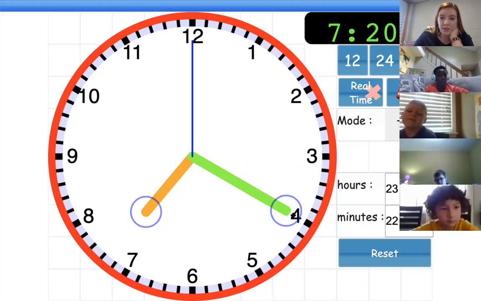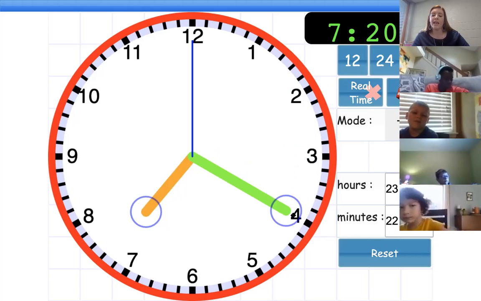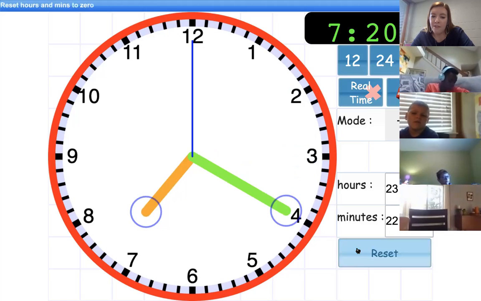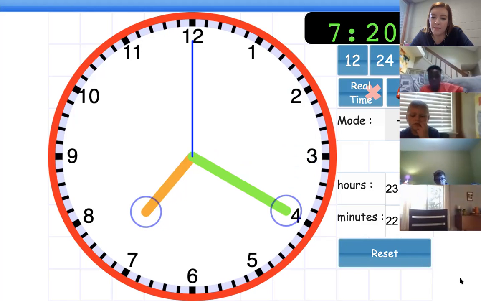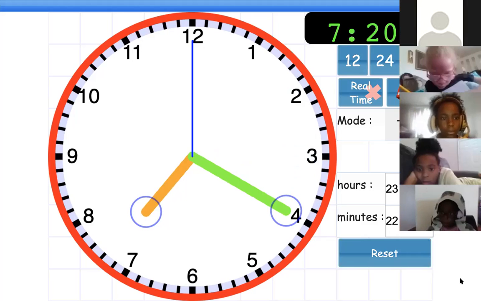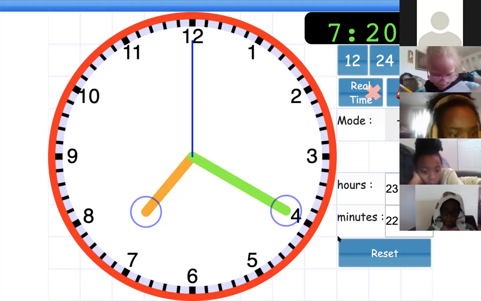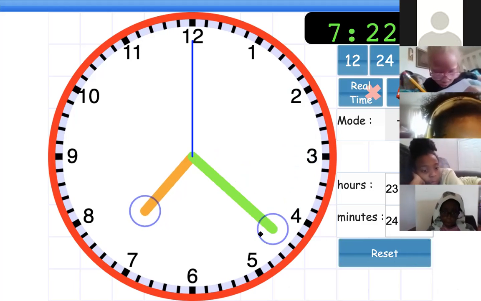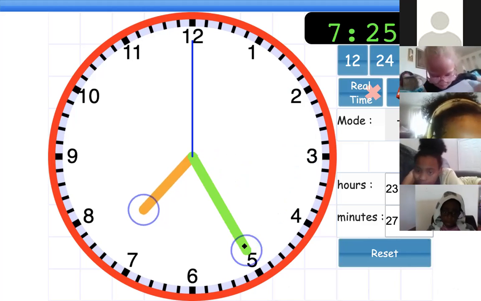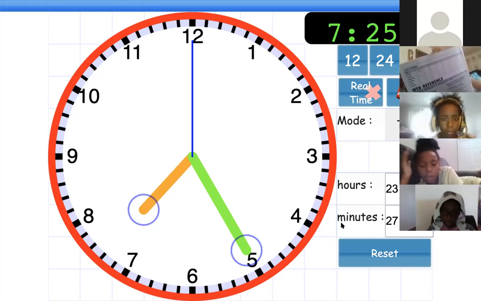Yep, it's at 7:20 now, but we're just looking at that minute hand. And the 5, what does the 5 mean in minutes? So 4 is 20.